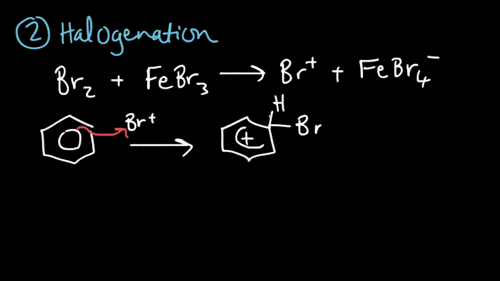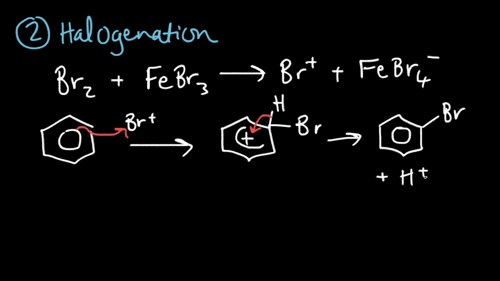Then the carbon-hydrogen bond is going to break and the electrons are going to go towards the centre, which will reform our delocalized pi system, this time with the bromine attached, and we've got an H+ produced as well. Then the final step is regenerating our catalyst, the FeBr3.